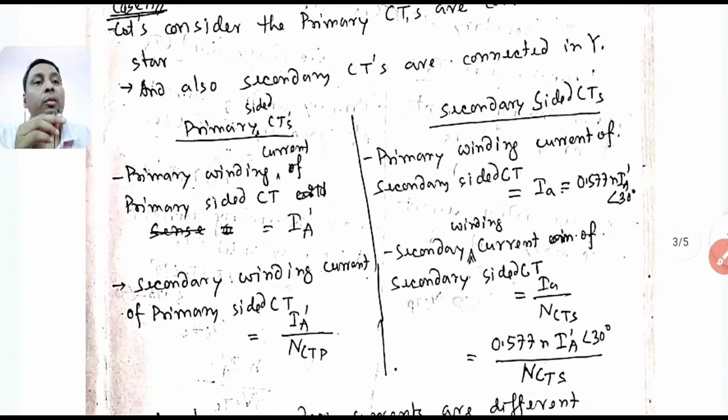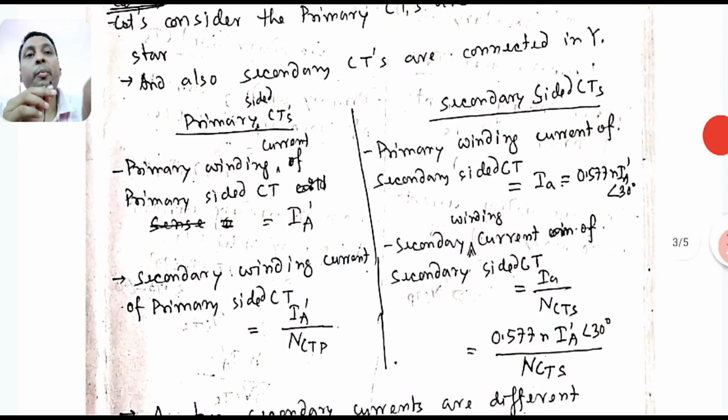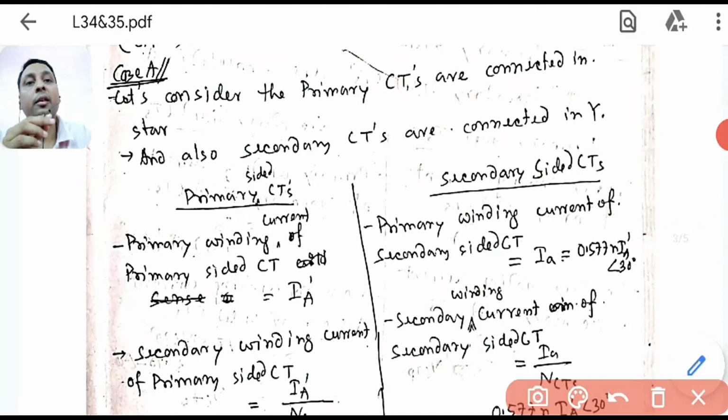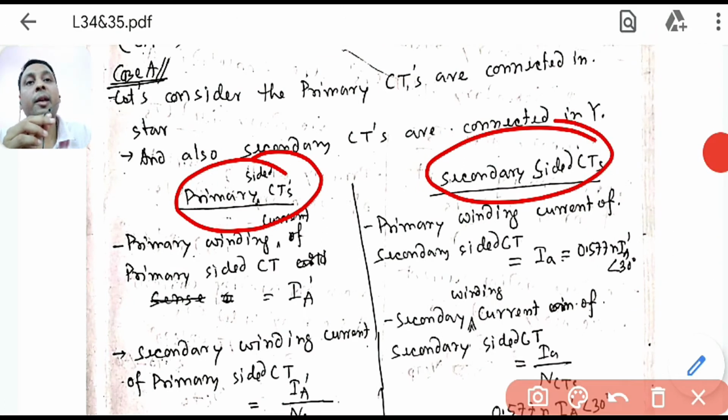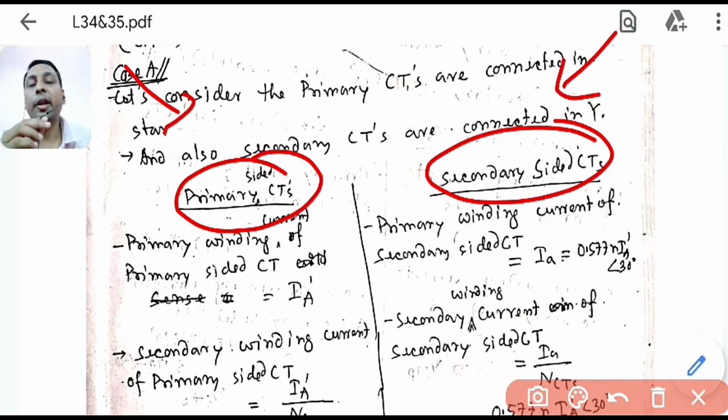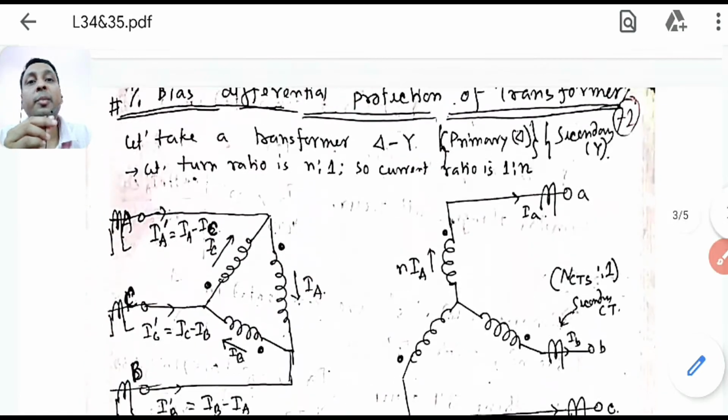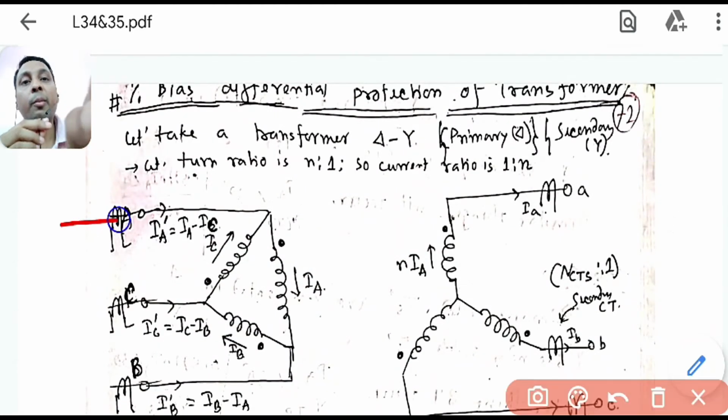So if I take the primary sided CT, I am calculating here, and the secondary sided CT I am calculating here. From both these sides, the secondary currents that are coming should match. That's my idea for differential protection. Now what is the primary winding current of the primary sided CT? It will be sensing IA dash.